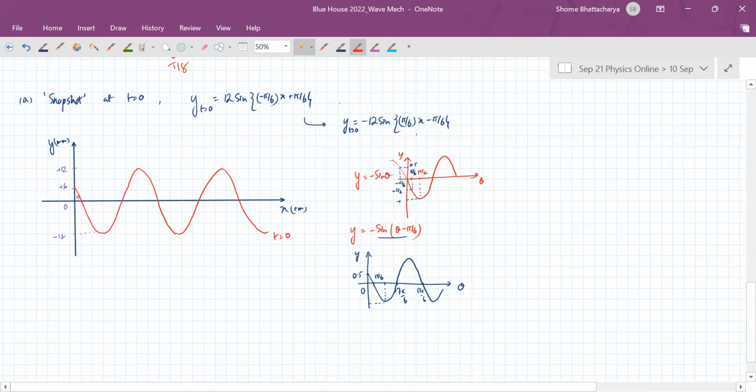So this point here will correspond to x equal to 1 centimeter. This point here will correspond to 7 centimeters. Like this.